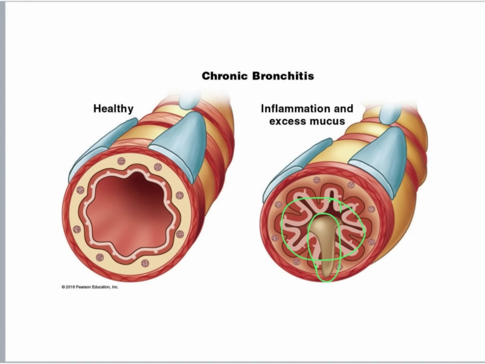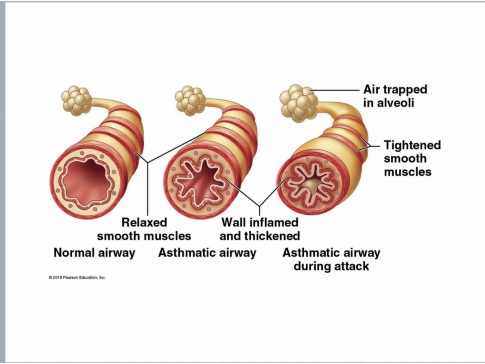Now, asthma is a disorder characterized by the conducting airways contracting too much and too easily. So it is related to the tightening of the smooth muscles that surround our airways. And an asthmatic attack can happen spontaneously or after the exposure to a wide range of stimuli.